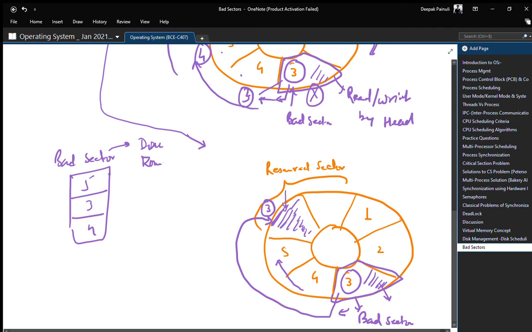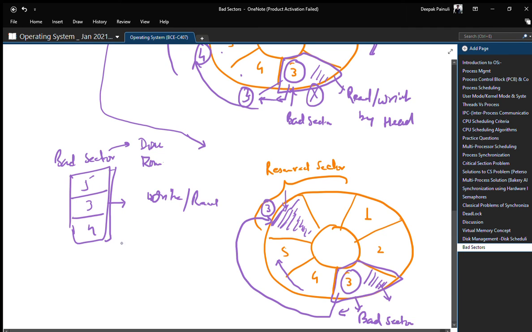Whenever the reader writer has to write or read something from the disk, it will check all these sector numbers, and it will not go for these sectors, right?